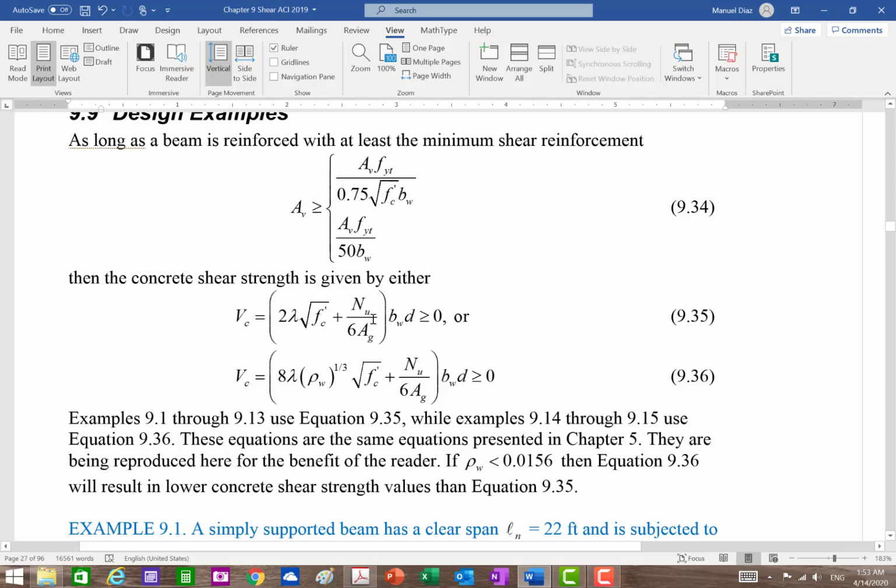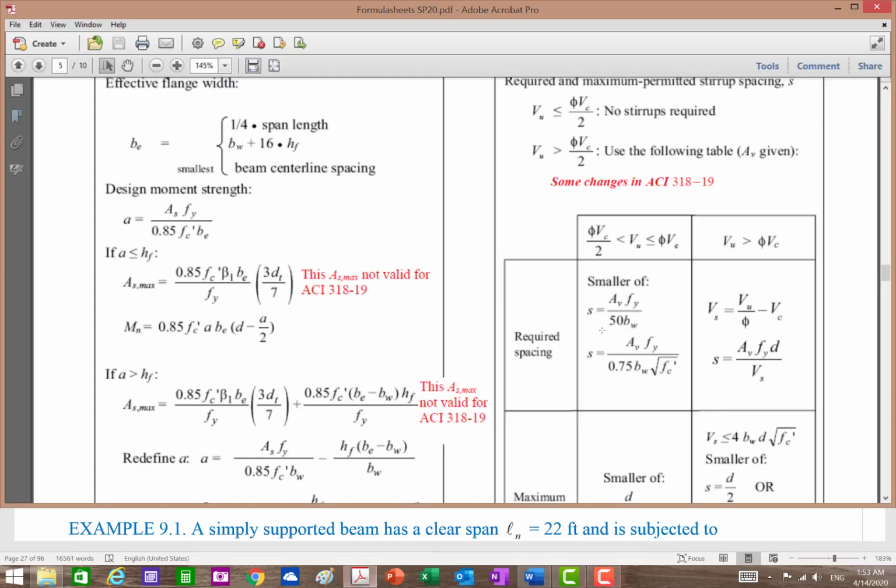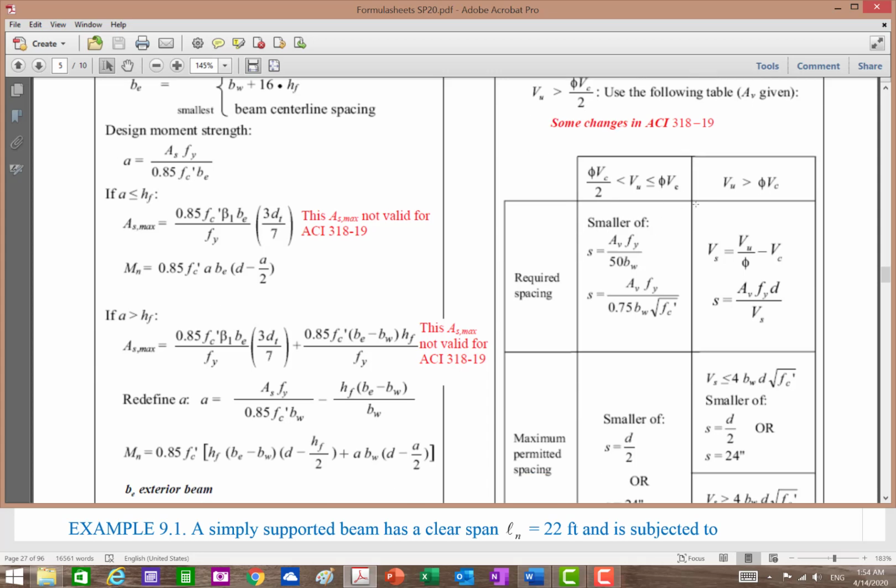Notice that you divide by 2, you get exactly that value, lambda square root of f'c b_w d. So that means this is valid as long as you use the first equation for shear. So you're using the first equation for shear, this is still valid. If you use the second equation, then this may not be valid.